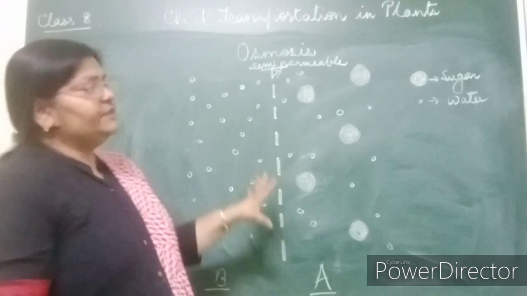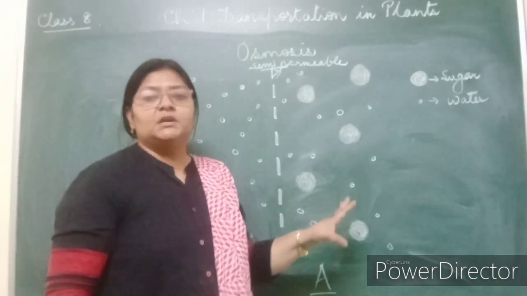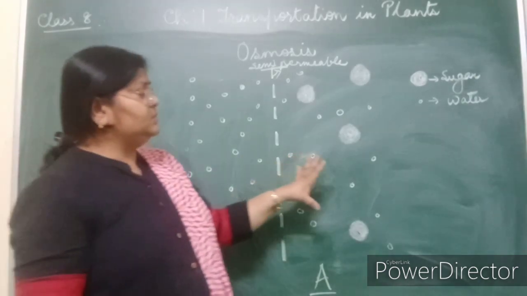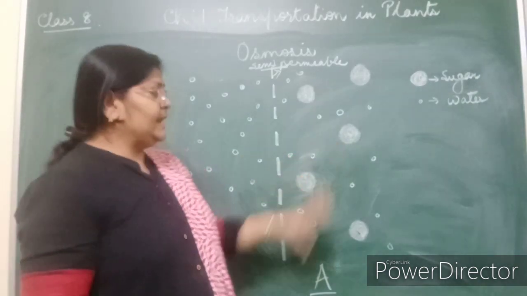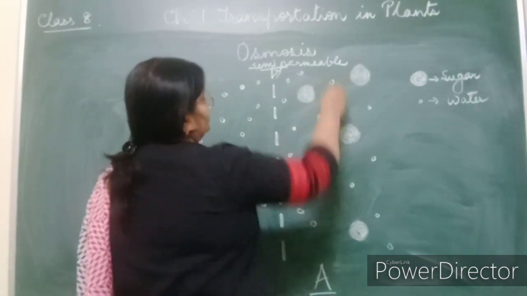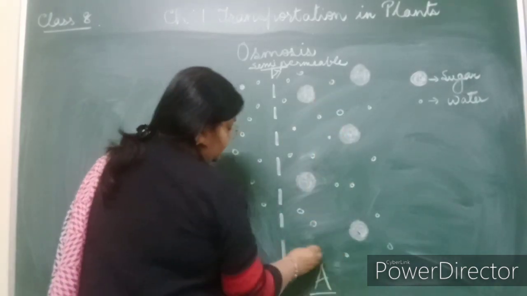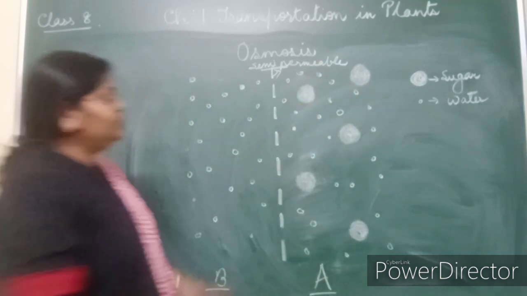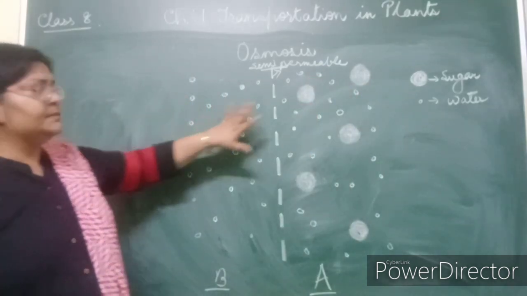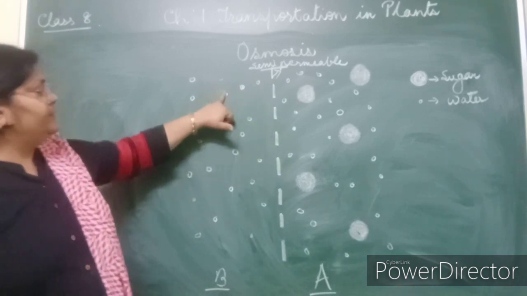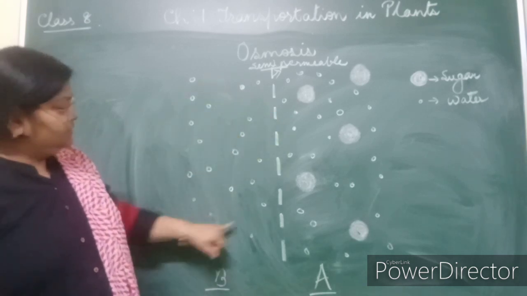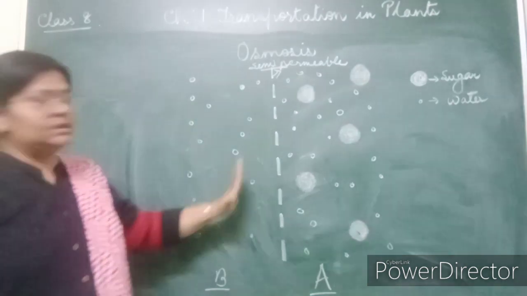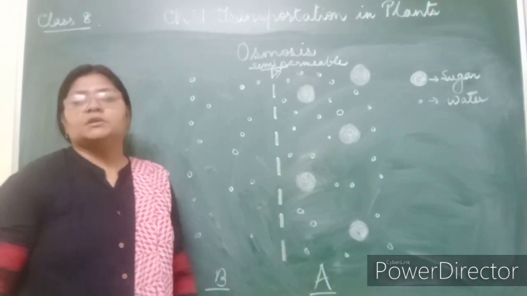When we leave this for some time, what happens? We see that there is a movement. The water molecules present inside A gradually increase. The amount of the solution naturally also increases because of this, and the amount of water on side B decreases. Why?